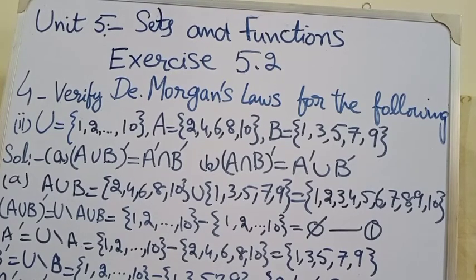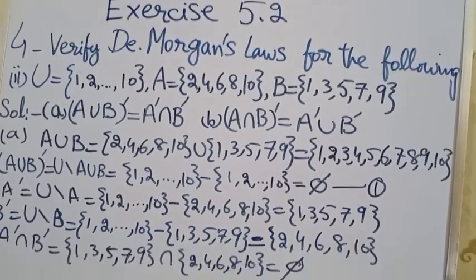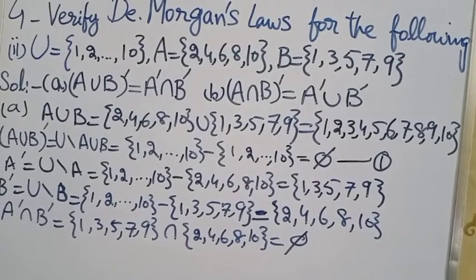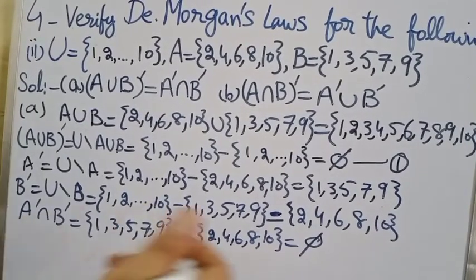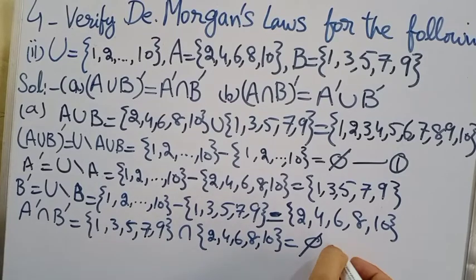We observe that this is the set of odd numbers and this is the set of even numbers, and their intersection must be an empty set. We say that this is equation number 2.